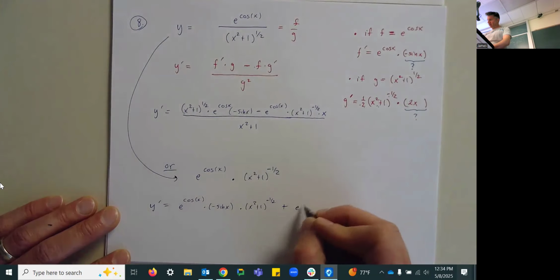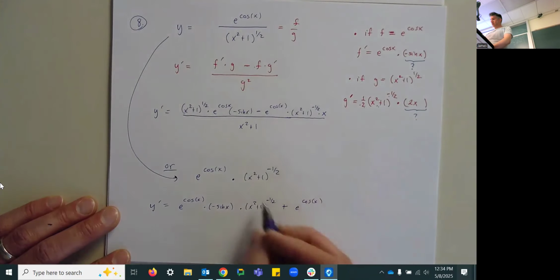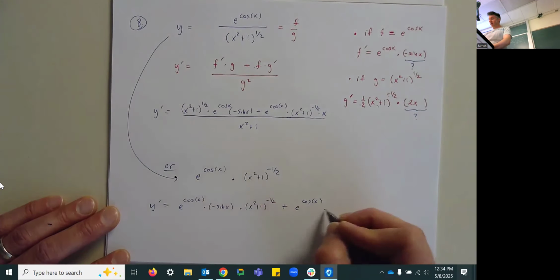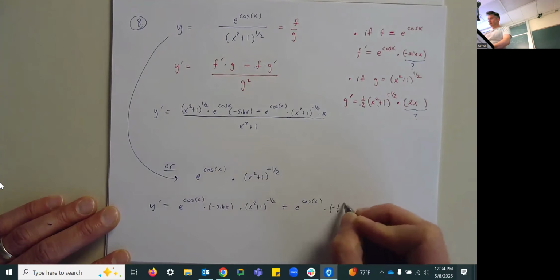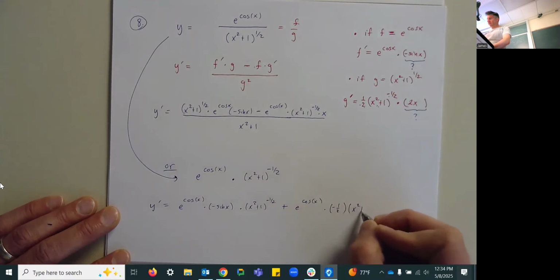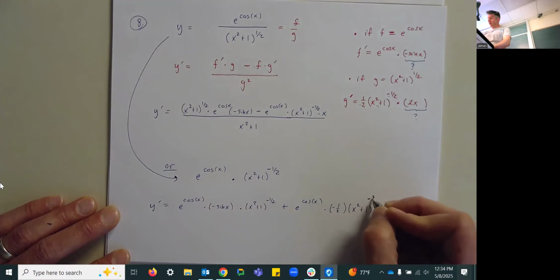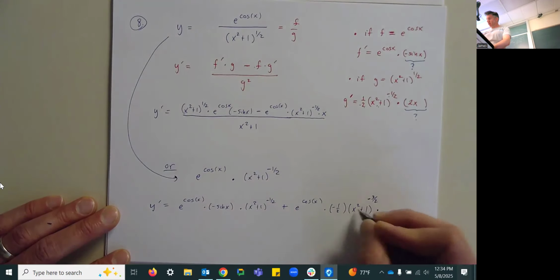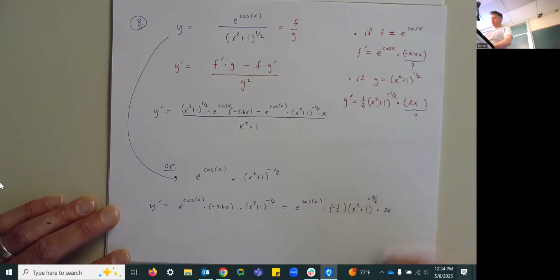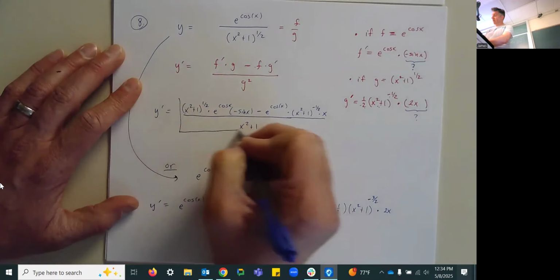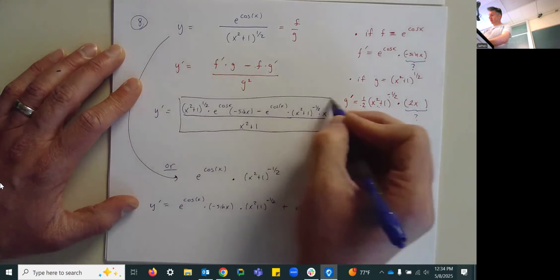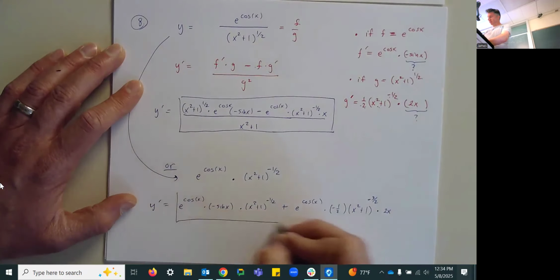We leave the e to the cosine x alone, and we take the derivative of that, which is now going to be negative 1/2 times our stuff to the negative 1/2 minus 1, which is negative 3/2, multiplied by the derivative of the inside, which is 2x. Either one of these answers is completely acceptable. They look a bit different, but they are the same.